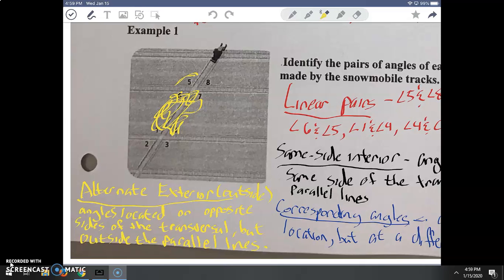It's on the exterior, but on the opposite side of the transversal from angle 3. So 5 and 3 would be considered alternate exteriors of each other. Angle 8 and angle 2 would also be alternate exteriors of each other because they are on opposite sides of the transversal and located outside the parallel lines.